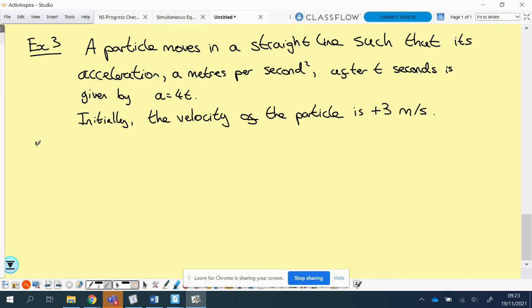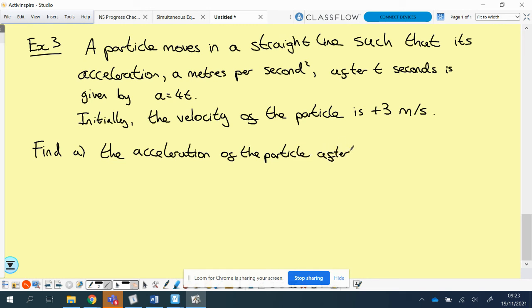So our job is to find two things. So find in part A the acceleration of the particle after 5 seconds.